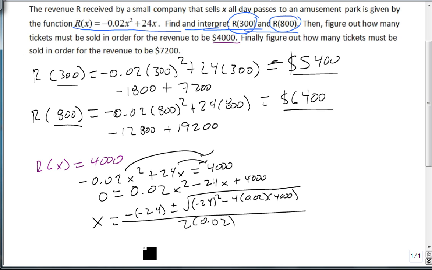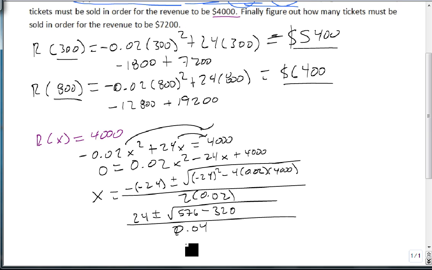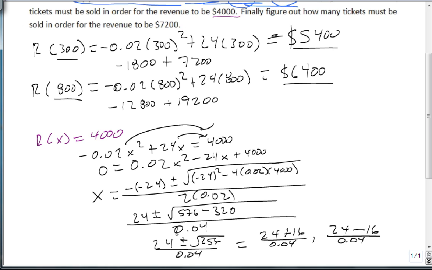Well, negative negative 24 is just 24, plus or minus the square root of 24 squared, which is 576, minus 4 times 0.02 times 4,000, which is 320, over 2 times 0.02, which is 0.04. 576 minus 320 is 256, so we have 24 plus or minus the square root of 256 over 0.04, which gives us 24 plus 16 over 0.04 and 24 minus 16 over 0.04. Those are our two answers.